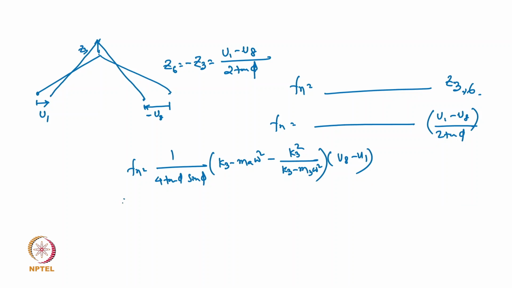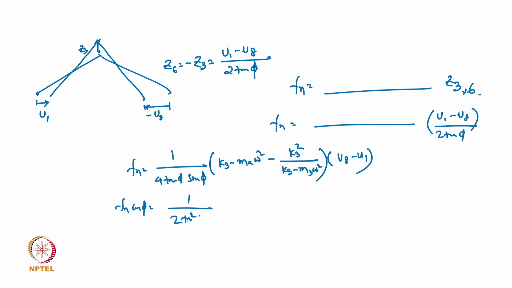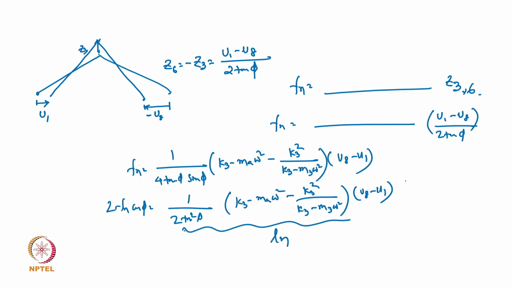Once we have this, Fn cos phi we can write as 1 by 2 tan square phi into k3 minus m3 omega square minus k3 square divided by k3 minus m3 omega square into u8 minus u1. I can call this full term ln, so I can call it ln into u8 minus u1.